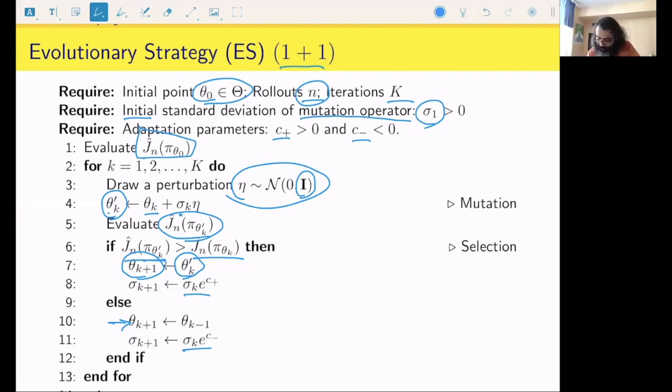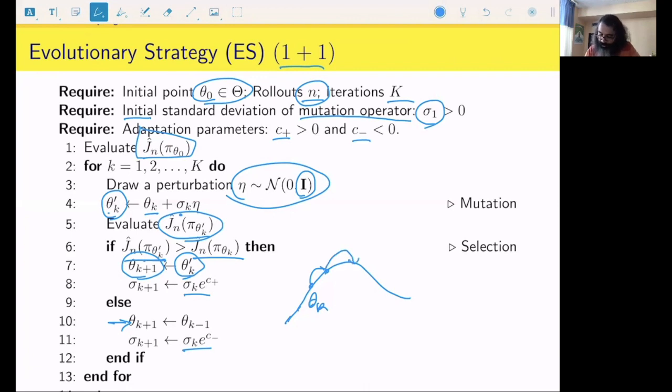So if you're optimizing, we can think of it this way: if we are at this point theta k and we jump to a point that is better, we want to maximize, so the variance at the next step would be larger.